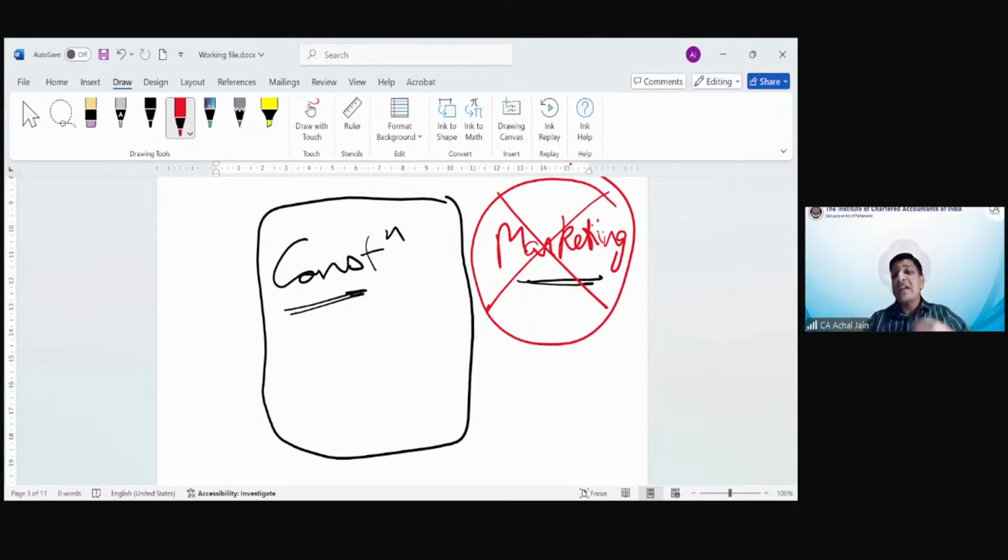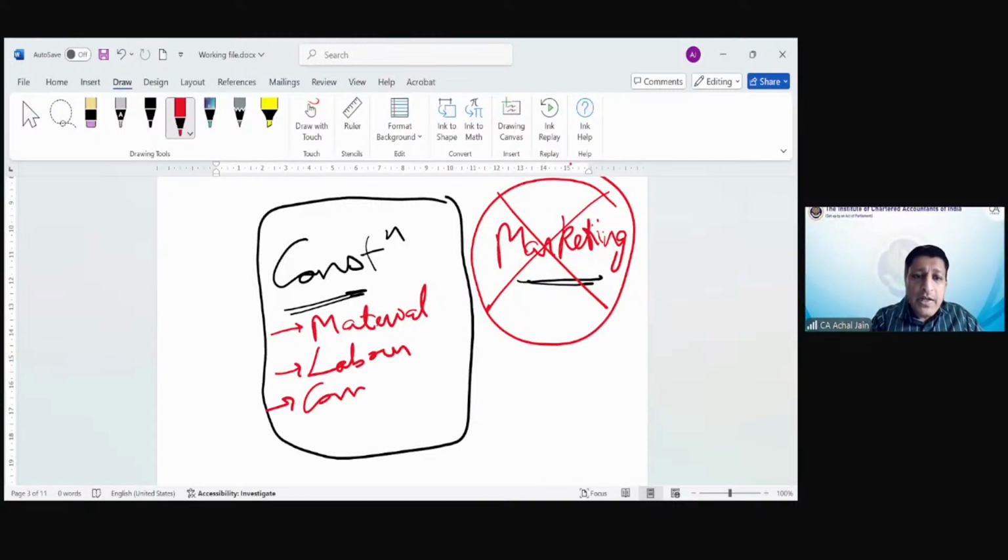Okay. So that means only and only those costs which are there in relation to the construction of the asset, which are there in relation to the construction of the building, those you will consider. For example, we discussed material, labor, consultant, borrowing cost.